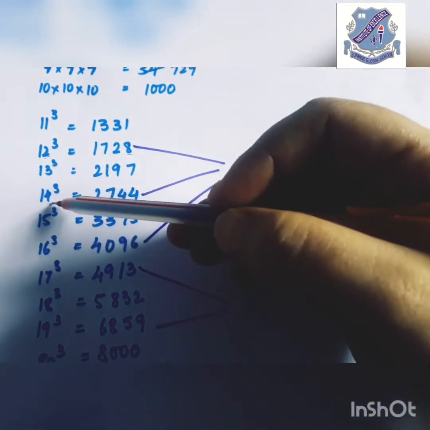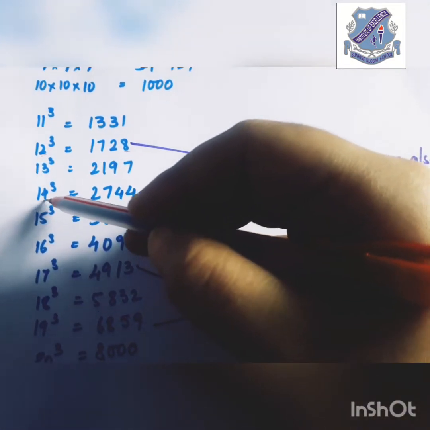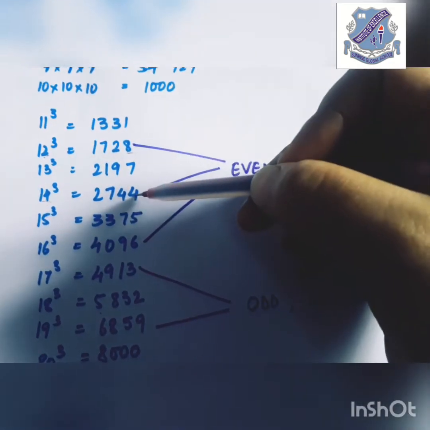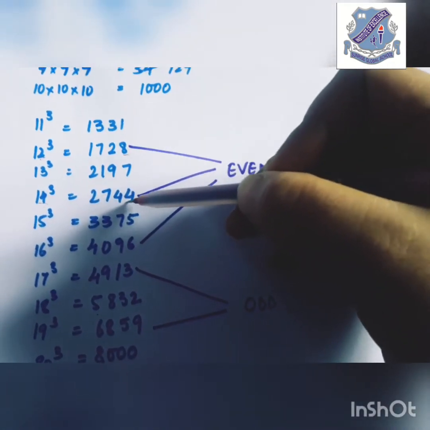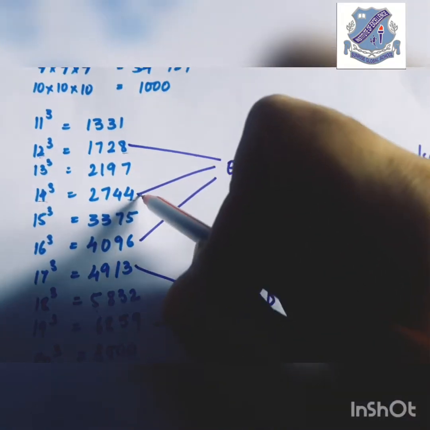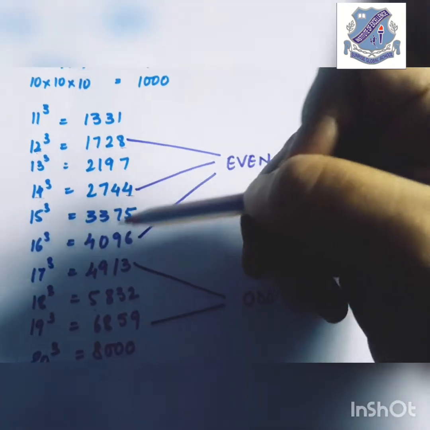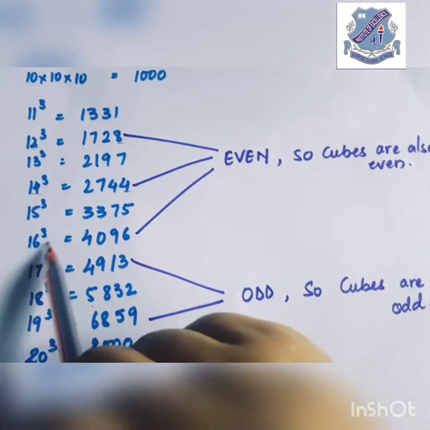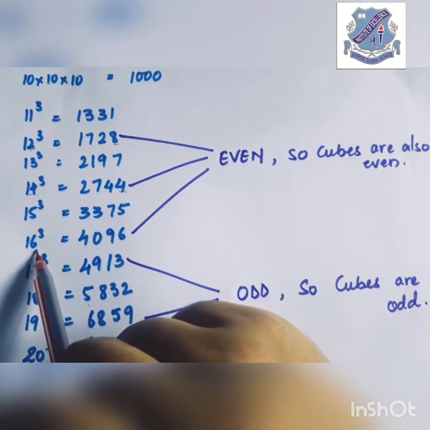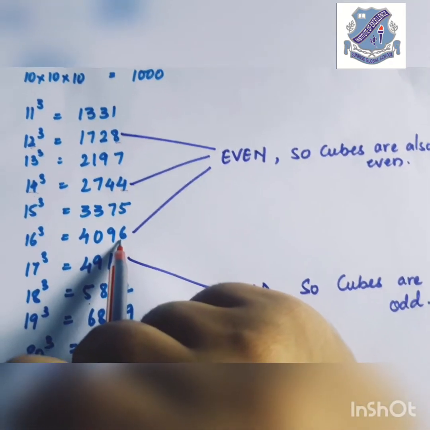Similarly, if we go to 14, you can see that 14 is also an even number, and we see the cube of 14, the unit digit of the answer is 4, so that's why this number is also an even number. And if we leave it for 16, 16's cube is 4096. So 16 is also an even number and its cube is also an even number.